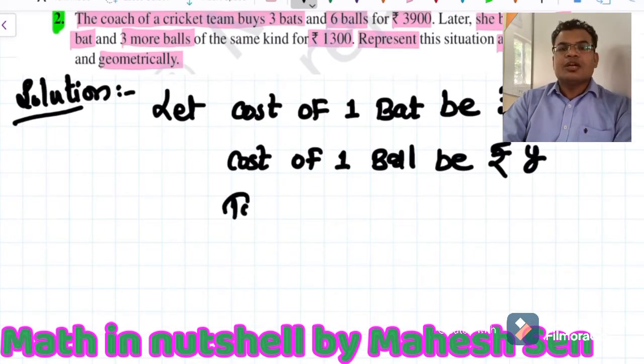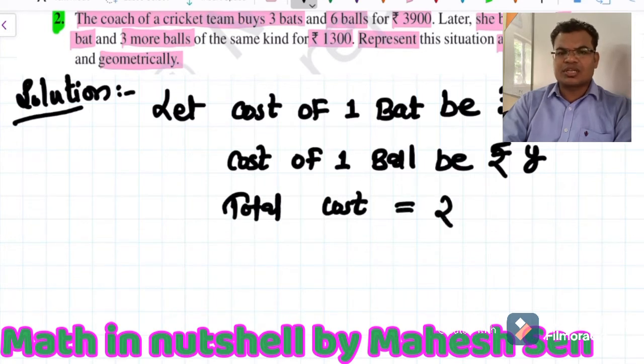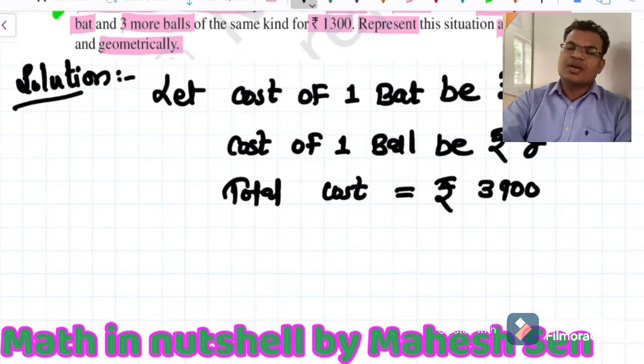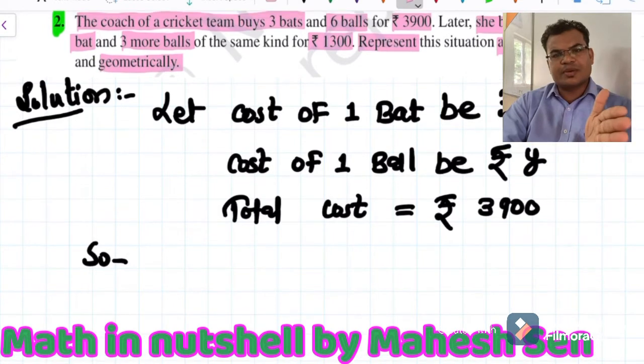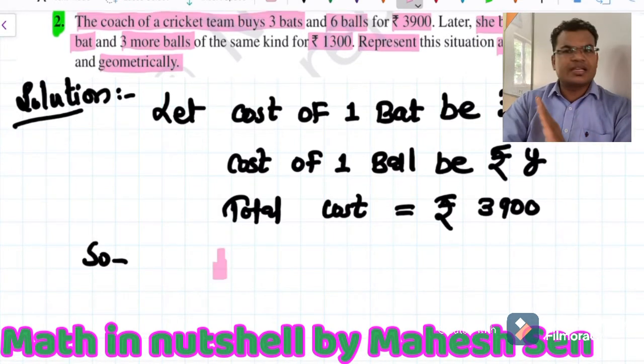Okay, nice. And the total cost given is 3900, so we'll write here total cost equal to rupees 3900. After this, we'll go for the condition of how many balls and how many bats she is purchasing, and then we'll make the equation according to that.